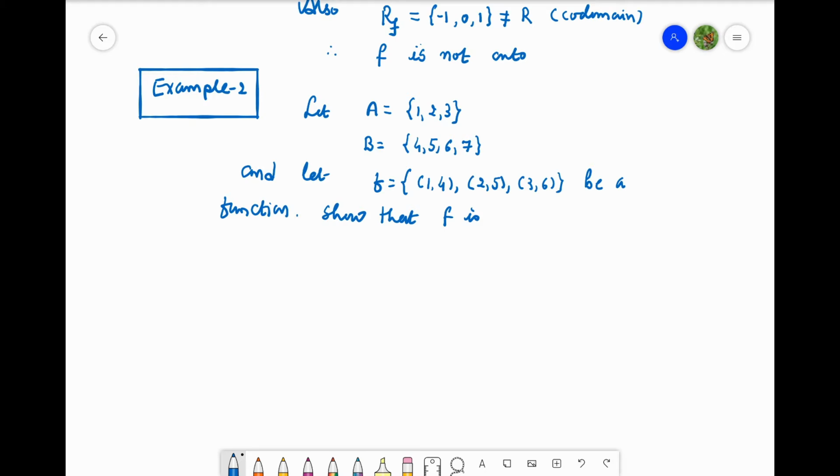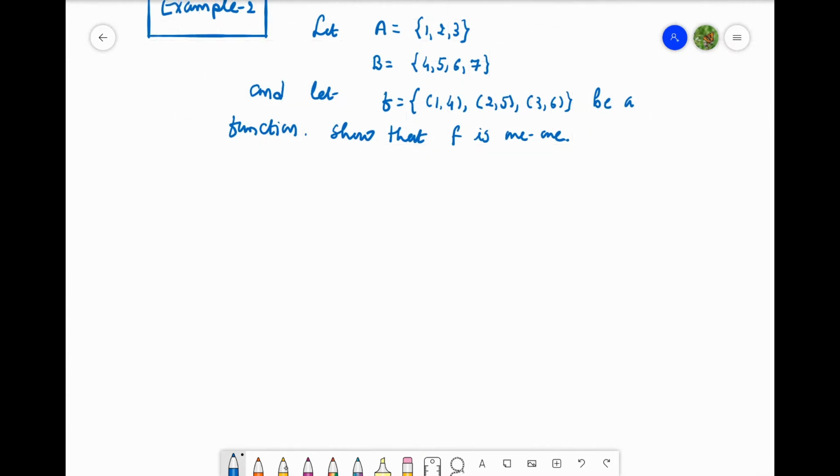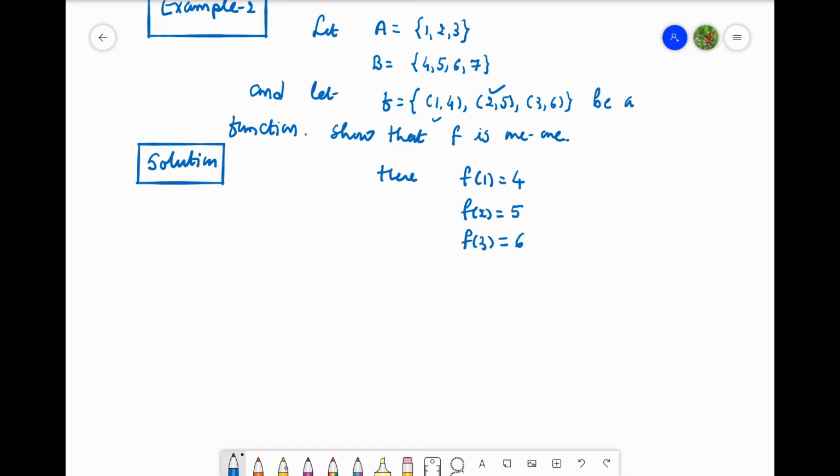If distinct elements have distinct images, then we can say that f is one-one. The function is given as a set of ordered pairs, so we know how to read it. f of 1 equals 4, f of 2 equals 5, and f of 3 equals 6.